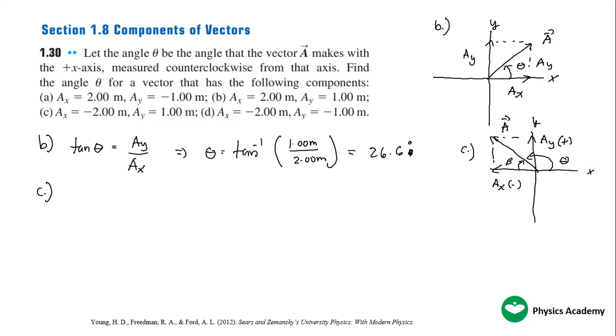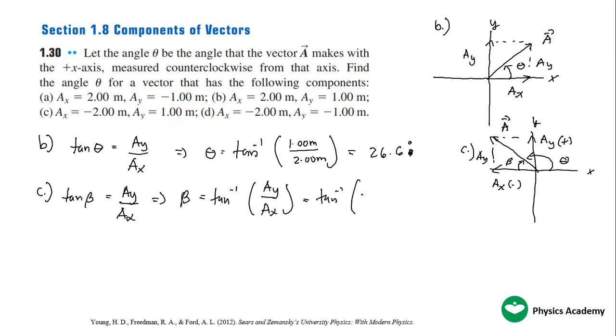Let's put this as angle beta. The tangent of that angle beta is equal to the opposite, which is AY, over AX. So beta is equal to tangent to the negative 1 of AY over AX. That gives us tangent to the negative 1 of our AY, which is 1.0 meter, and we have negative 2.0 meter.